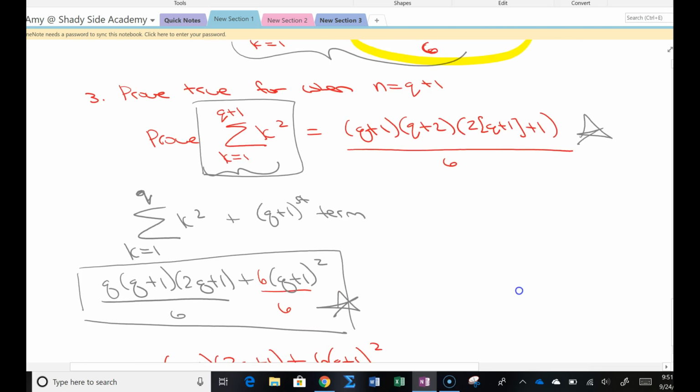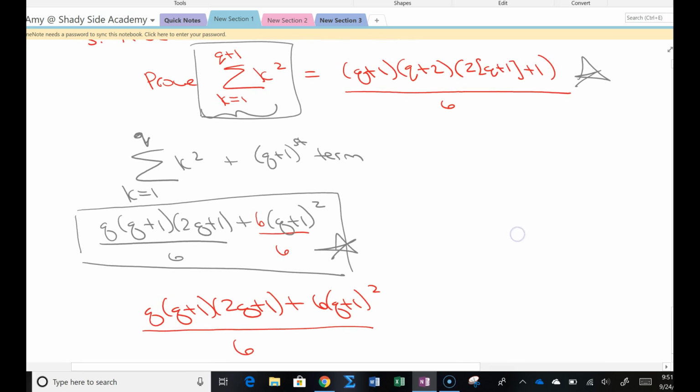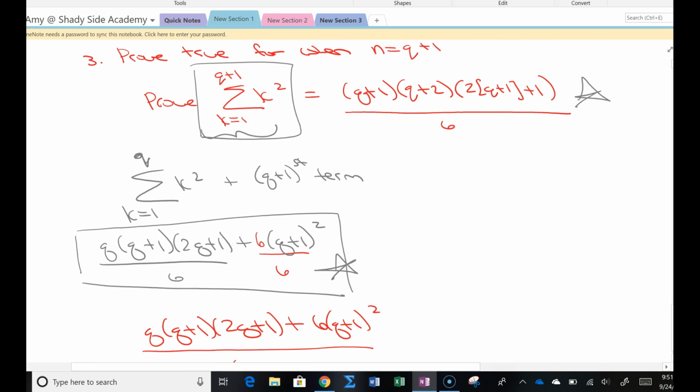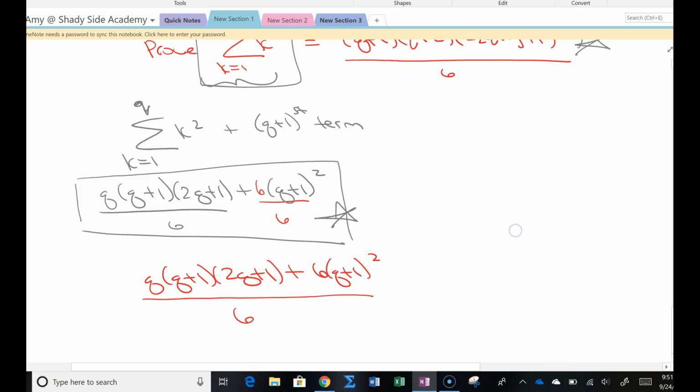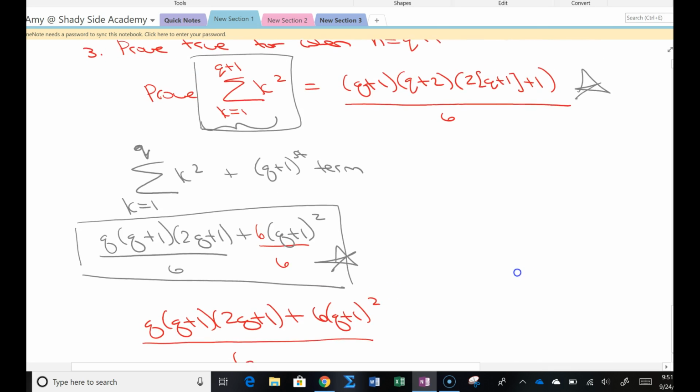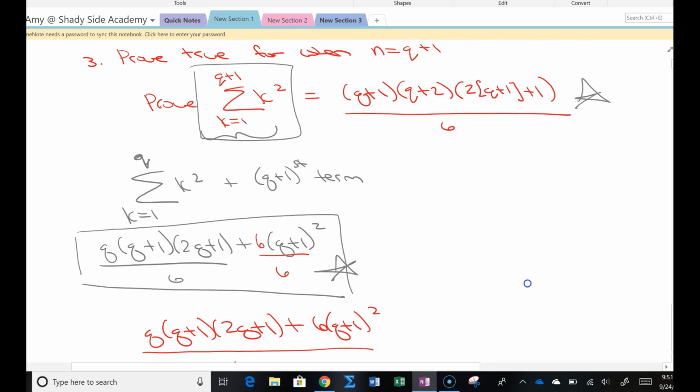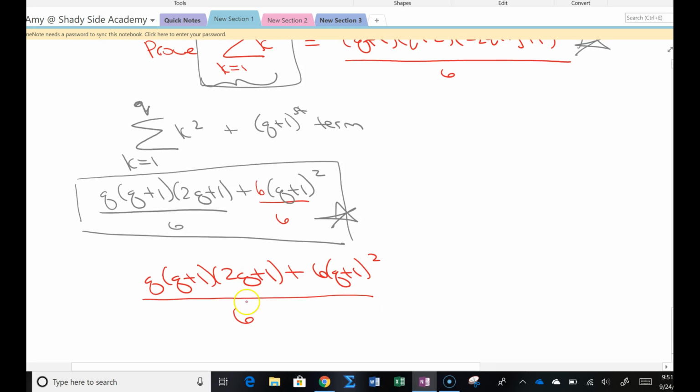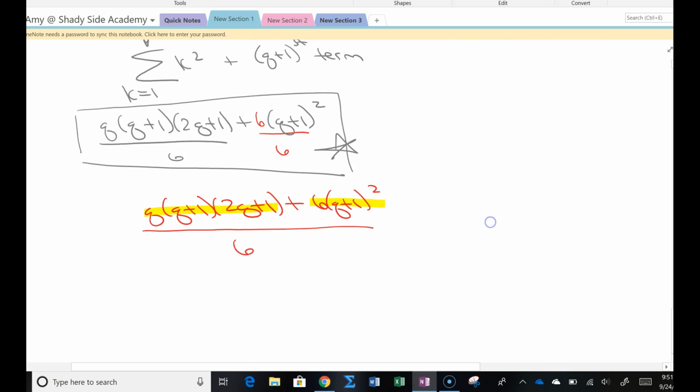Everyone okay? All right. Now I'm going to look at this numerator, which is one term plus a second term. I notice I have a common factor of q plus 1, right?